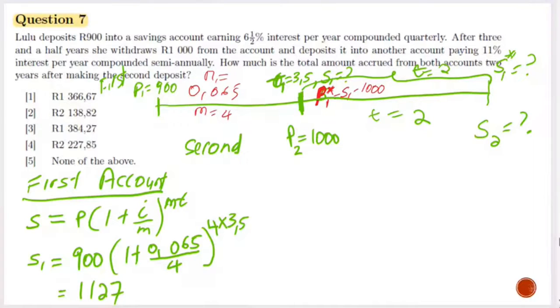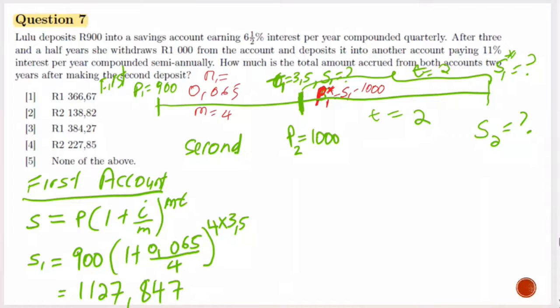I know money is not in 3 decimal places, but while I'm still calculating, it is best to leave things in 3 decimal places, and then you can put it into 2 decimal places when you get the final answers, just for accuracy. I'm being mathematical here. So now this is your S1.